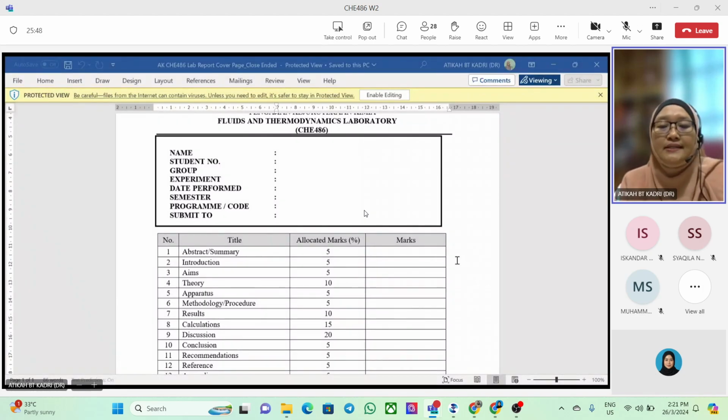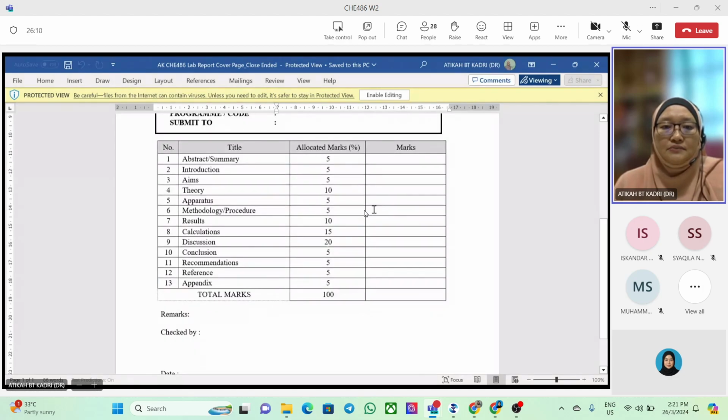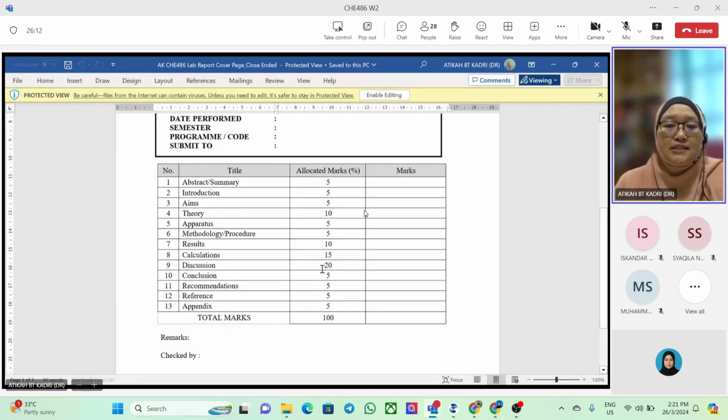I hope you understand the meaning of this allocation of marks, and you should know which components in the report really matter. For example, in your close-ended report here, you should emphasize the discussion because it's 20 marks, and the results as well as the calculation.